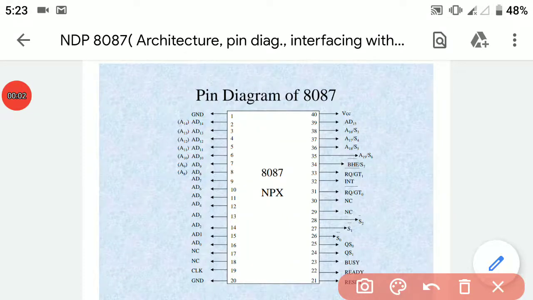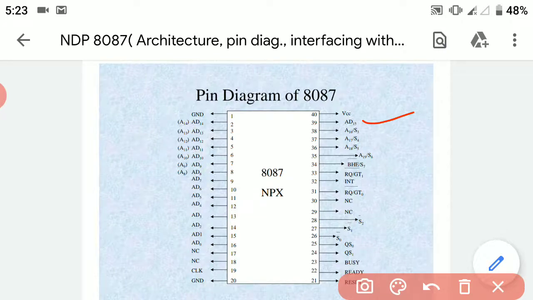This is the pin diagram of the 8087 coprocessor. Here we can see the multiplexed address data bus from AD0 to AD14, and here we have AD15.